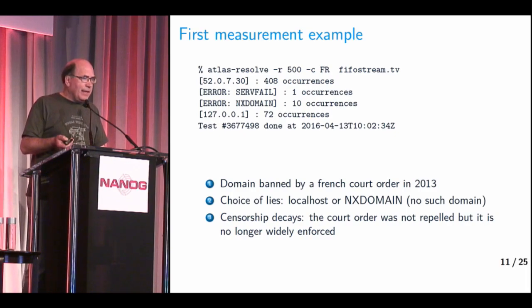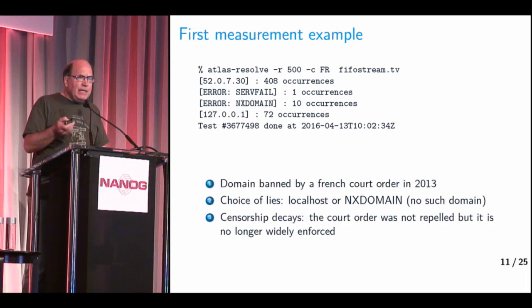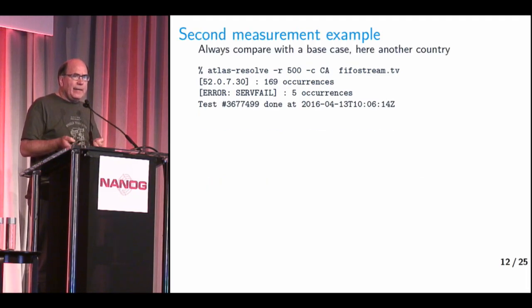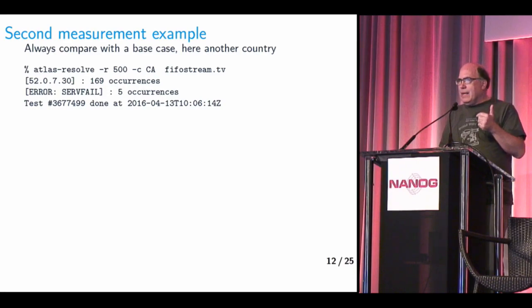Second example. Okay, I've seen problems, but maybe these problems were because of technical problems, broken name servers and things like that. So it's always necessary to compare with another country, in that case Canada, and I can see in Canada no NXDOMAIN, no localhost address. So typically, the censorship is really specific to France.